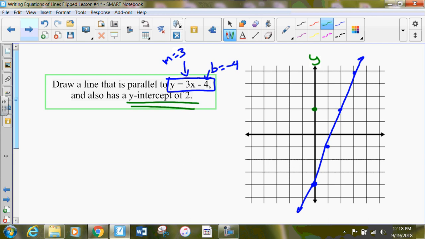So if I want to draw a new line in green that's parallel to the old line in blue, I'm going to use the same slope, equal to 3. So from this point, I'm going to go up 3 over 1, and there we have it. So the line that's parallel to y equals 3x minus 4 and also has a y-intercept of 2 is this line right here.